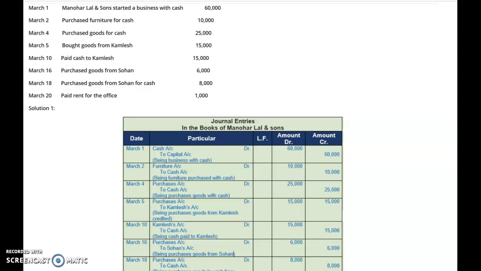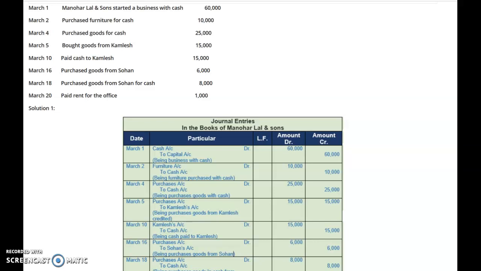When both the words are given, cash as well as the name of the party, it is a cash transaction. I sum up three important rules. If no word is given, whether cash or the party, it is a cash transaction. When no cash word is given and only the name of the party is given, it is a credit transaction. Again, when both words are given, cash as well as the name of the party, it will be treated as a cash transaction.